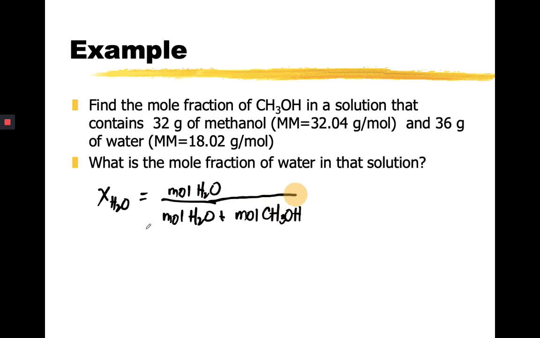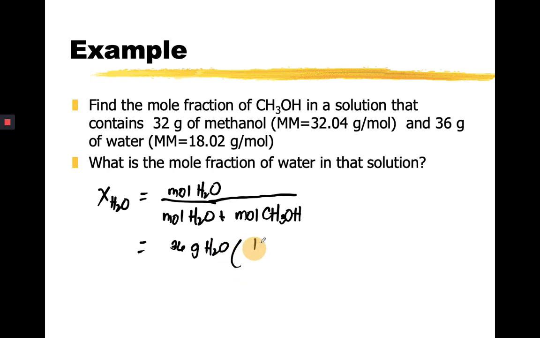All right. So what we do have are the masses of water and methanol. So we need to convert them to moles first. All right. Since in the numerator we can use 36 grams of H2O and then convert it into moles.